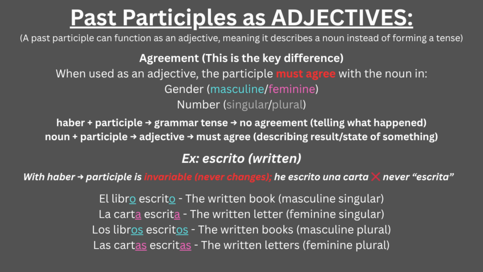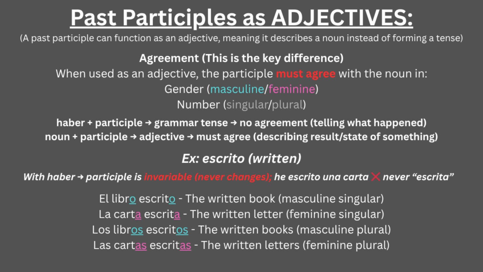Let's take escrito, written, as an example. In the present perfect, it's invariable, escrito, but as an adjective, its ending will be affected by gender and number, which applies to any participle as an adjective.